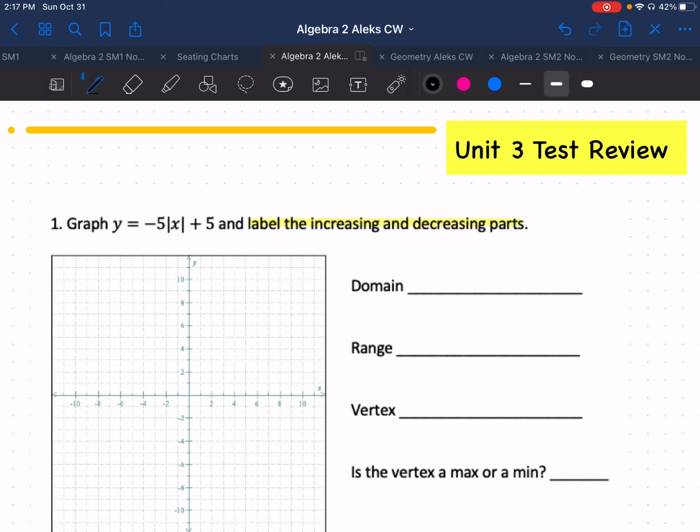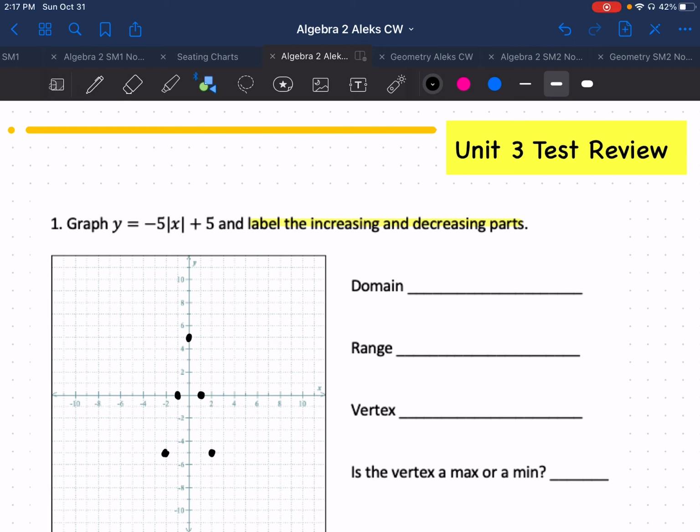I've already gone ahead and put this in my graphing calculator. I identified my vertex and I got myself 2 points to the left and 2 points to the right. So the points that I came up with were -2, -5, -1, 0, 0, 5, and then 1, 0, and 2, -5.